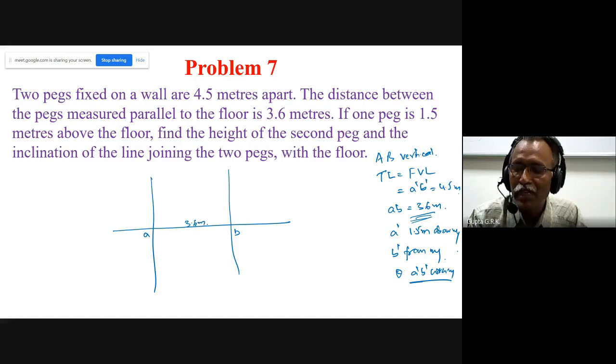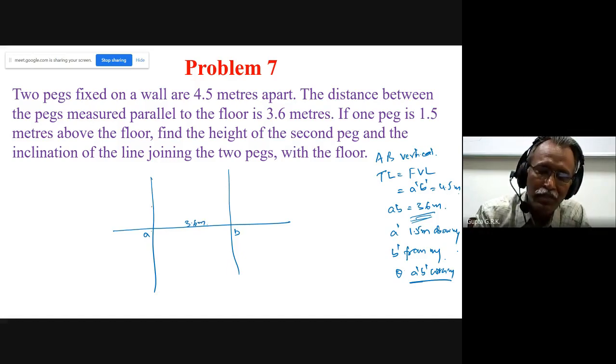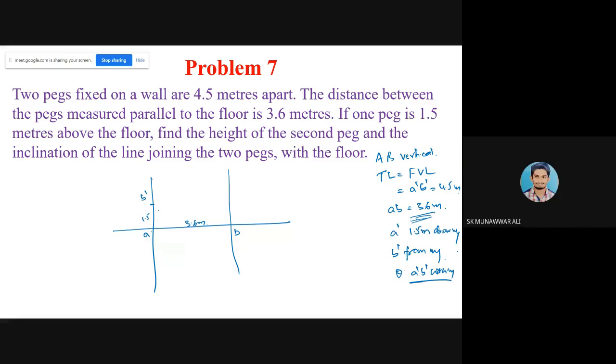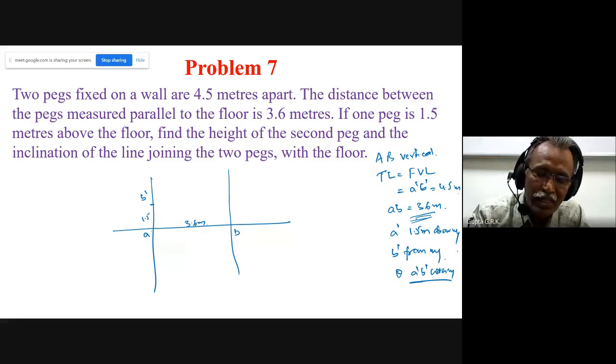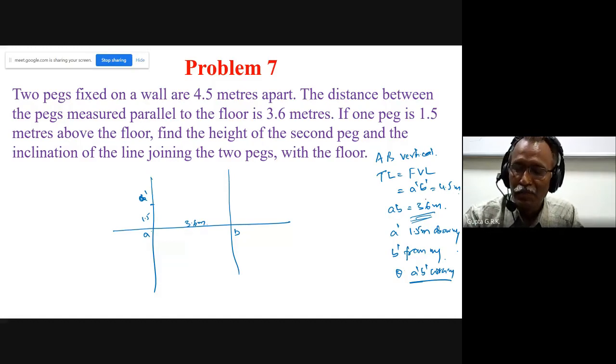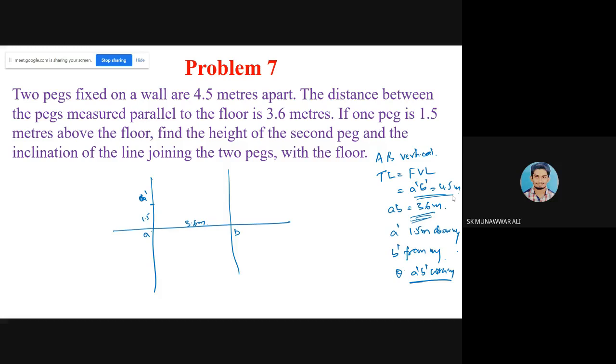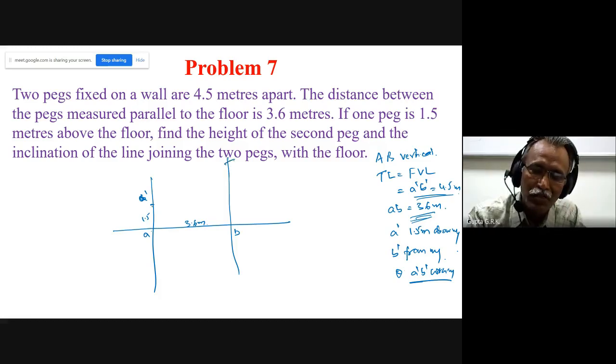And where will be A dash? 1.5 above XY. So where will be B dash? A dash B dash length is given, 4.5 meters. So from here with 4.5 meters, if I cut it, I will get B dash.